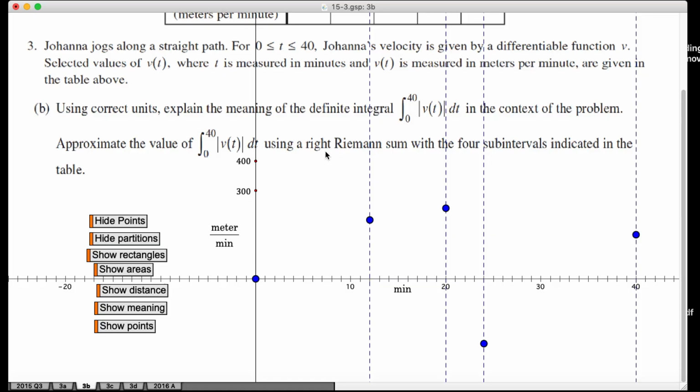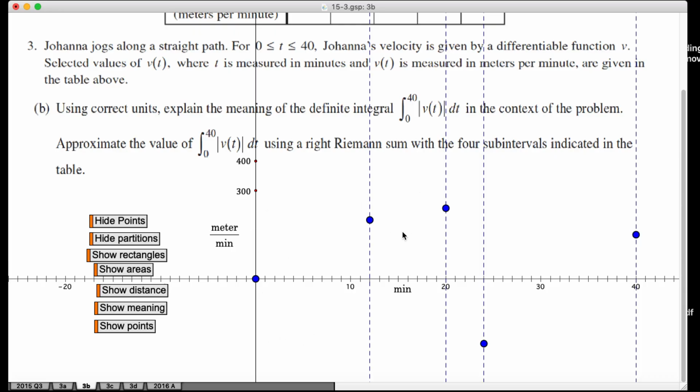Then it says use right Riemann sums. So in this first subinterval, I go to the right side, go to the point, and draw it across to form a rectangle to the other vertical partition.